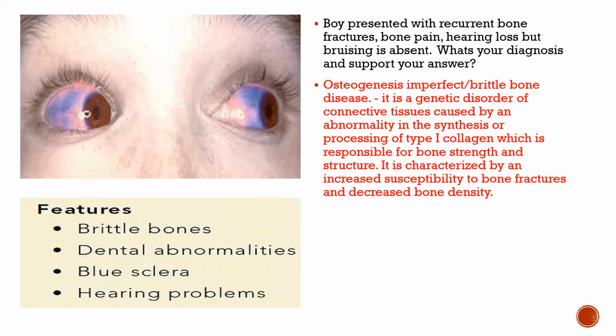I think it's just nice to know. Hopefully they won't test you, but kindly read this. There's type 1 collagen that's responsible for bone strength and structure. So in osteogenesis imperfecta, there's a defect in the synthesis of type 1 collagen, so the bone tends to be weak in terms of bone density.